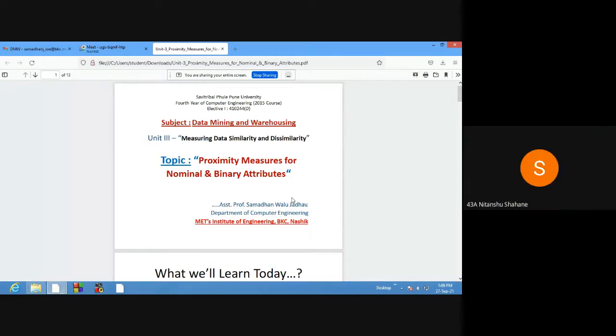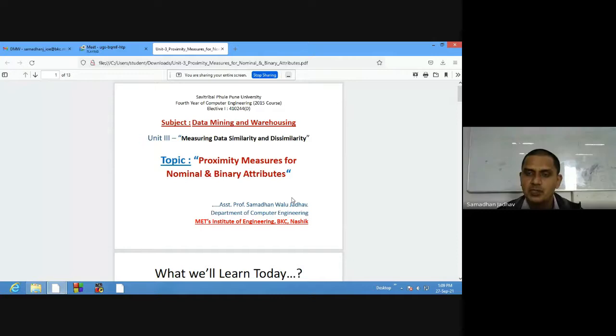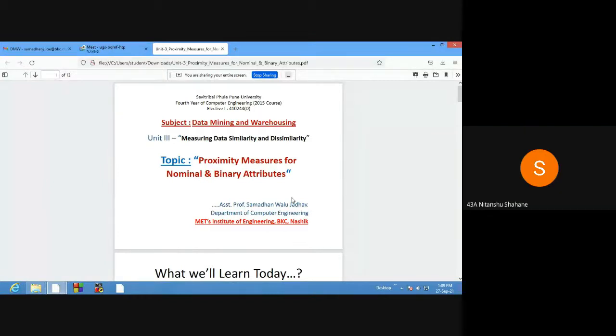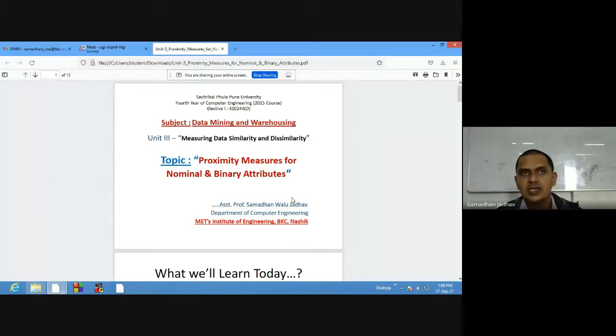It is 0.25, or 25%. If two objects are 90% dissimilar, then the similarity between them is 10%. So you can find these similarity and dissimilarity values just by subtracting one from the other.